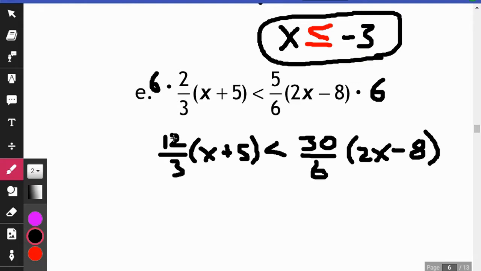Okay, so the nice thing about this, here we are. This becomes 12. 12 divided by 3 is 4. And 30 divided by 6 is 5.